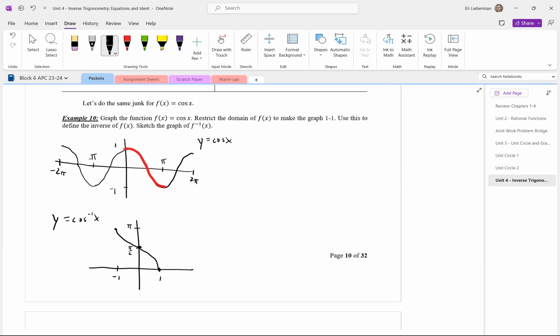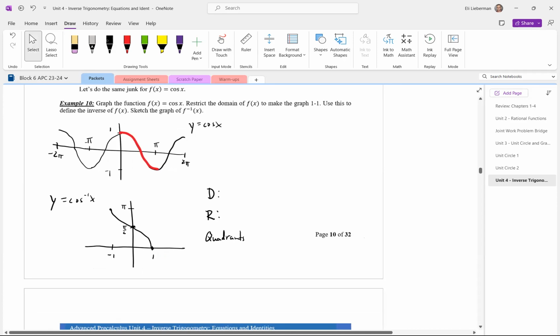Thank you for your help. Really nice. Let's talk about the domain, range, and quadrants again. First, the domain is -1 to 1 inclusive, or the closed interval -1 to 1, and the range starts with 0 and goes up to pi.